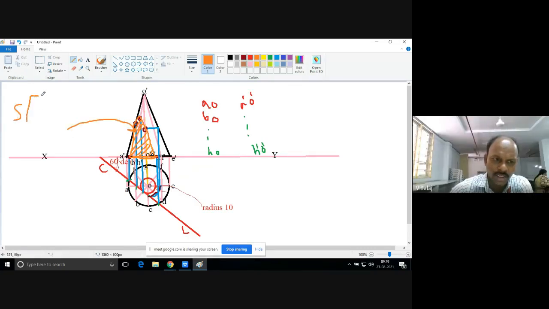Sectional front view. Can I call it as true shape also? True shape of the sectional view? Yes, sir. Wrong. Some are not in true shape, true length. This sectional front view, can I call it as true shape of the section? No, sir.